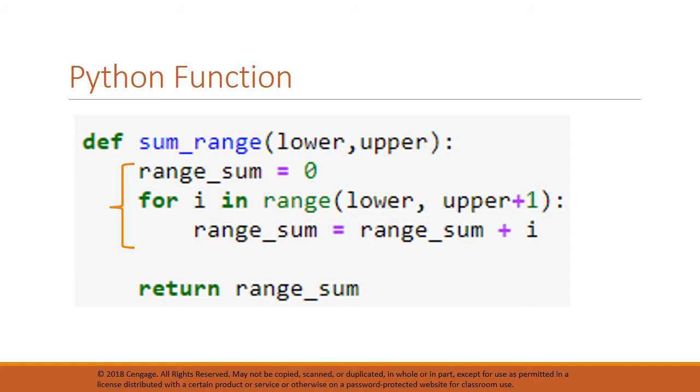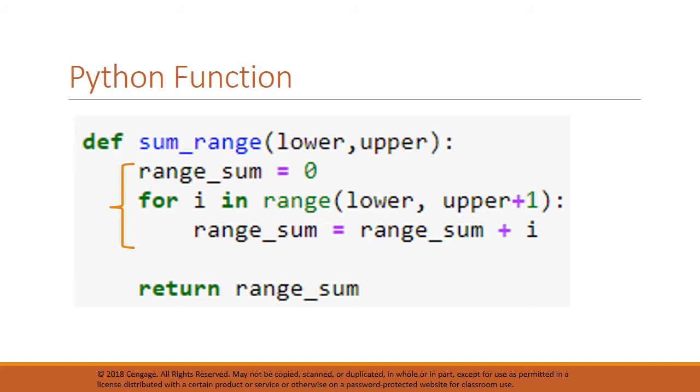So in our definition header, we've named our function SumRange, and we have 2 parameters, lower, which represents the starting integer, and upper, which represents the upper integer. And the function is supposed to return the sum of the integers between lower and upper inclusively.